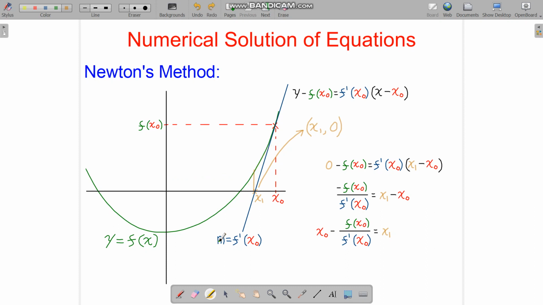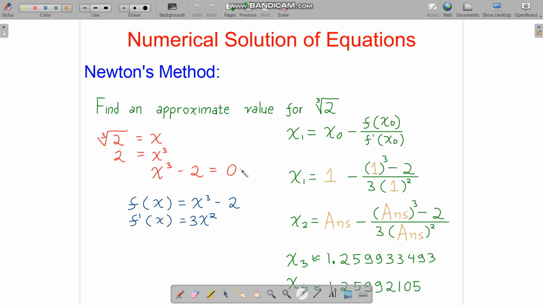So we can repeat exactly the same process but with the point x1. So x1 comma f of x1, and the gradient is f prime of x1, and we can repeat the process again and so on. So that's called Newton's method. We are trying to find the root by drawing tangent lines.